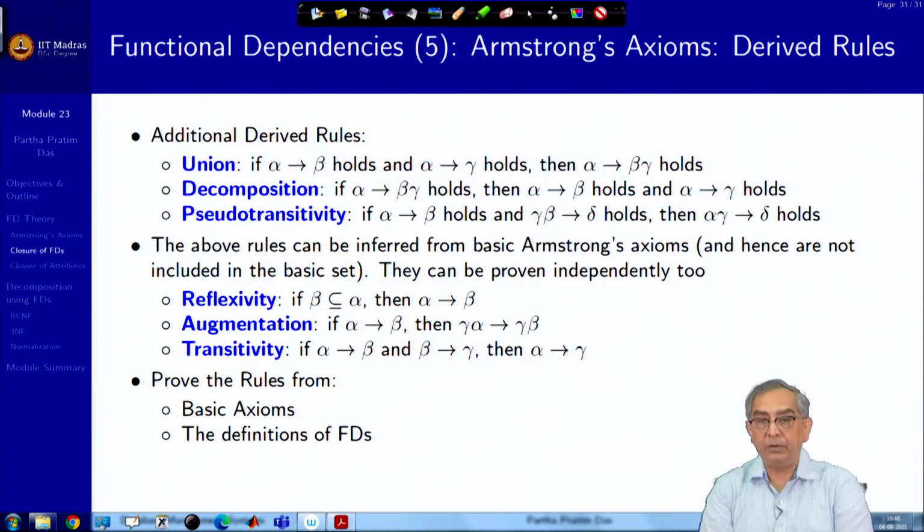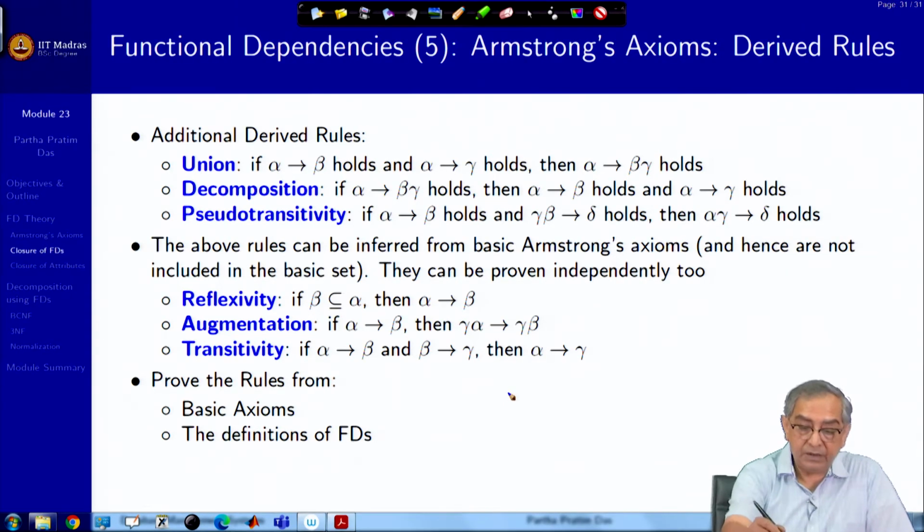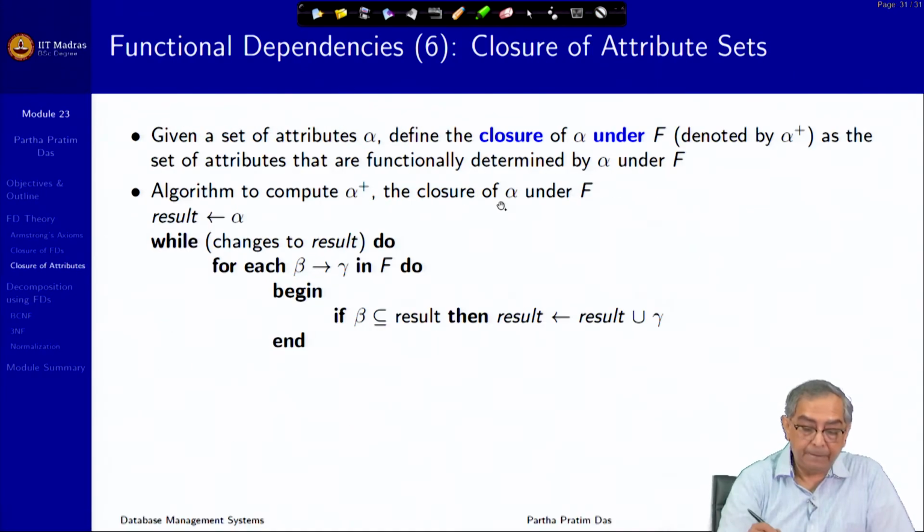These rules are still sound, and since they follow from the basic rules, they are not required for the completeness. But you need these 3 basic rules: reflexivity, augmentation and transitivity for the completeness. You can prove these derived rules from the basic axioms, using the 3 basic rules or from the definition of functional dependencies itself.